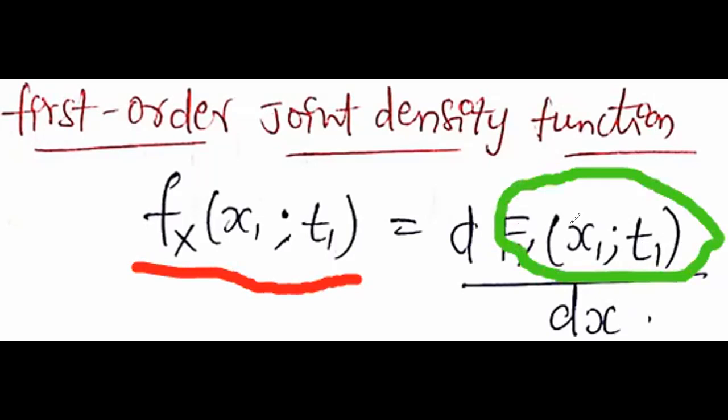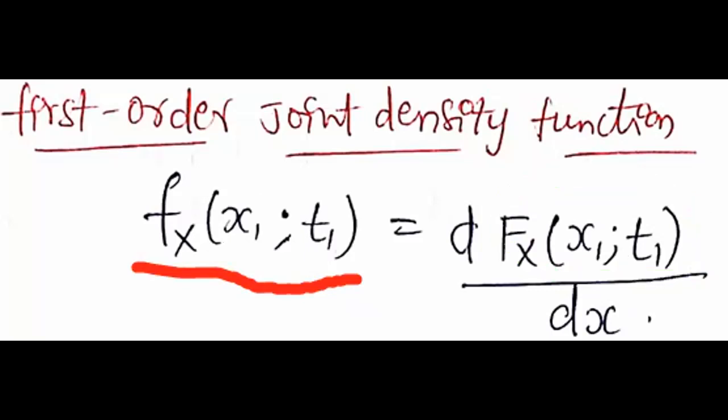This is nothing but the distribution function, and here we are going to calculate the density function from this distribution function, right? So just simply the derivative of the first order distribution function is going to give us the first order joint density function.